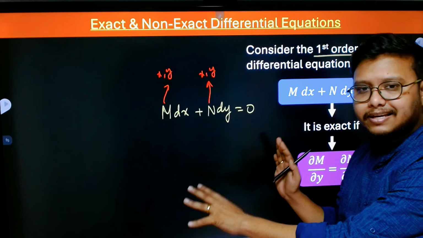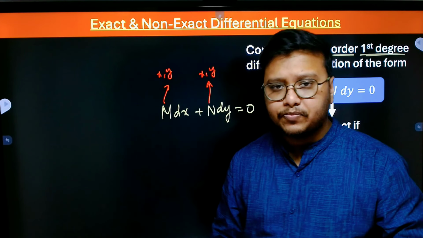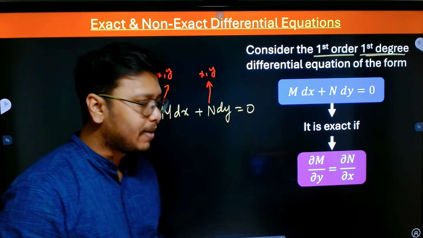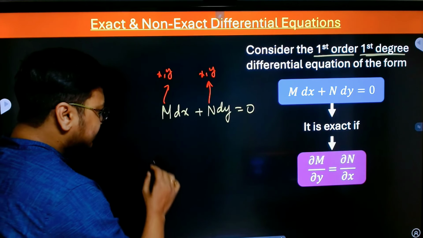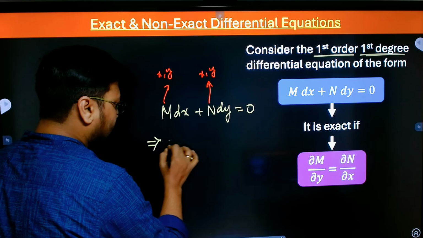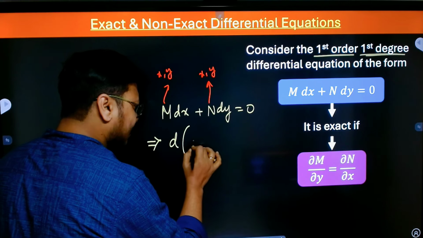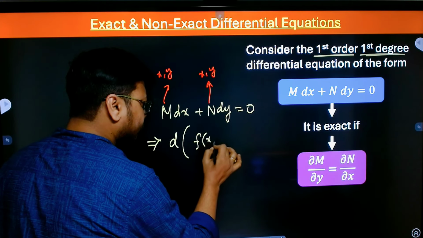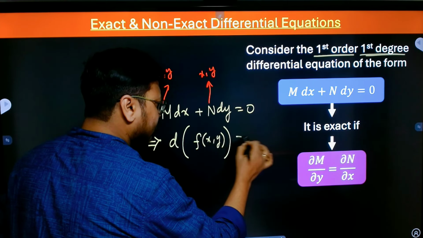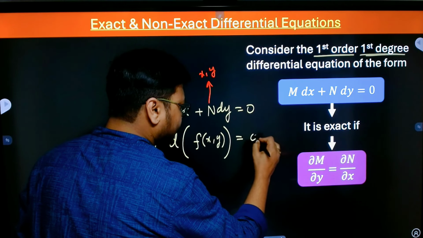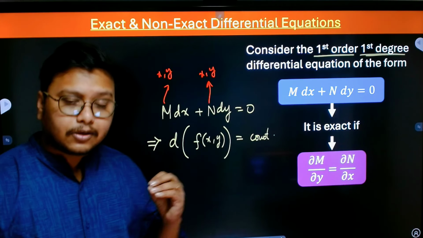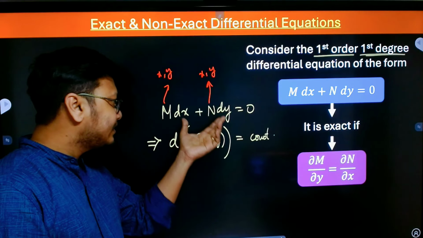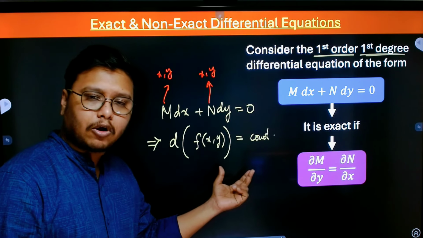We can always arrange it in this format. Once it is arranged in this format, we want to know whether this differential equation can be written in the form d of some function of x, y equals any constant. That constant can be 0, non-zero, any constant. The question is, can we write this differential equation in this format?